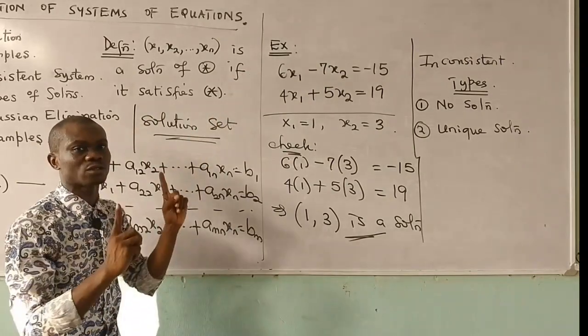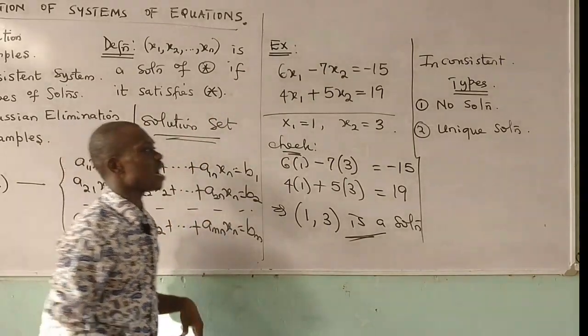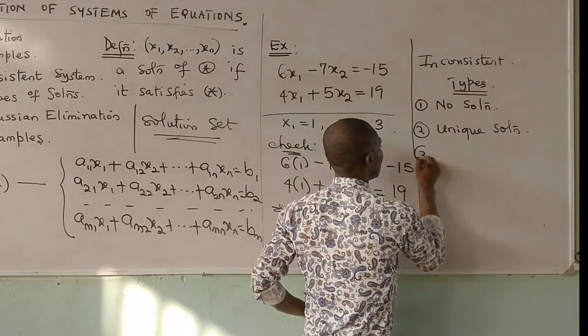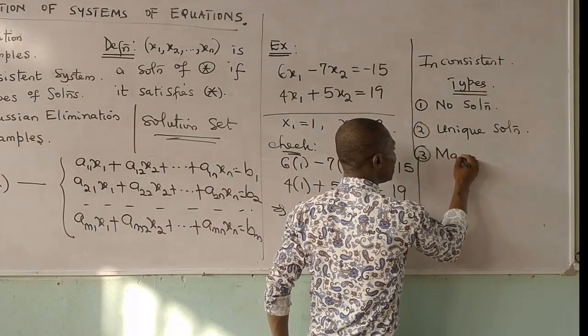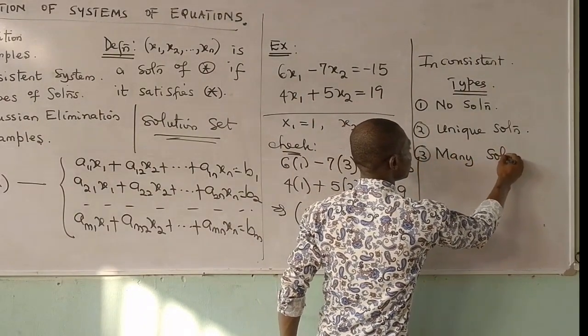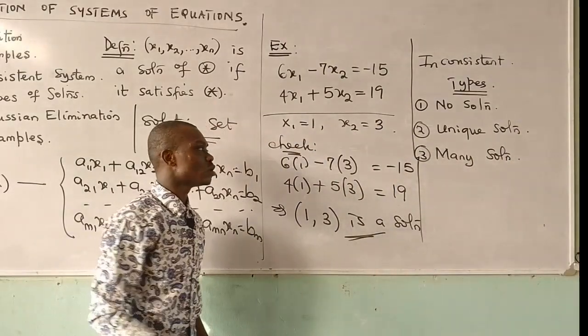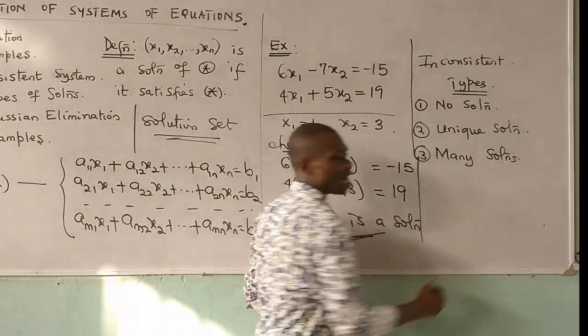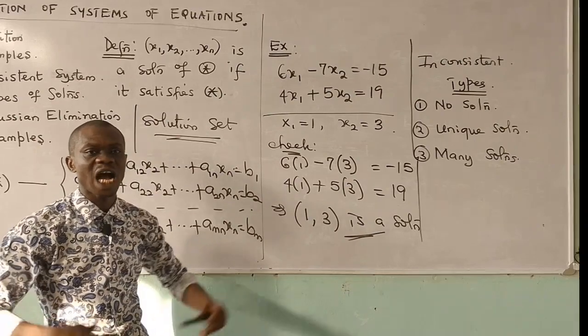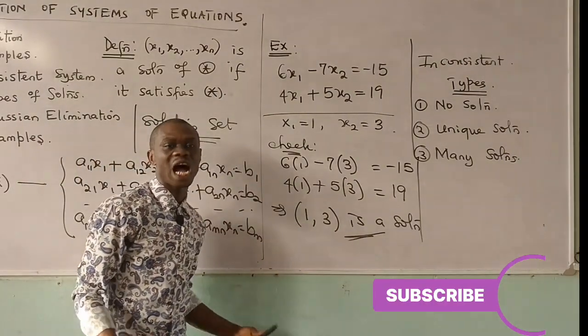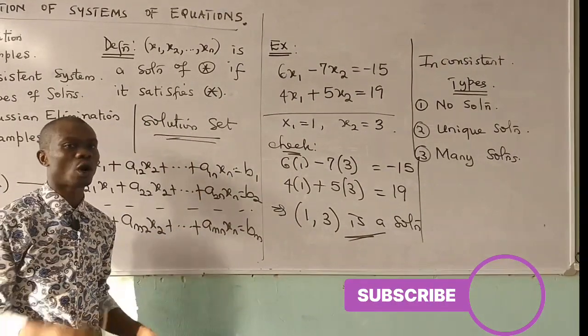That means it has just one solution that can satisfy it. And then thirdly, we have what we call many solutions, and some books will say infinitely many. So a system can either have no solution, or a unique solution, or many solutions, or infinitely many.